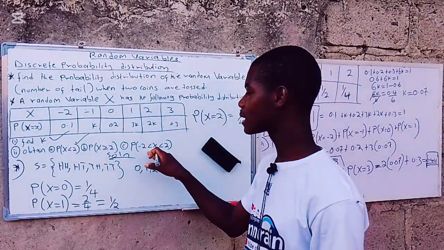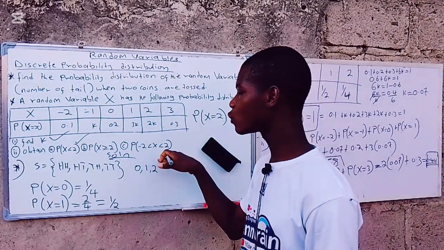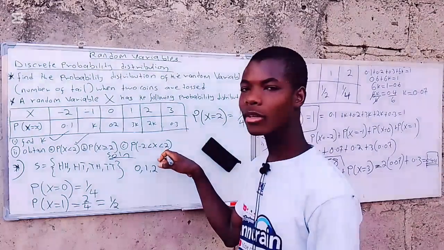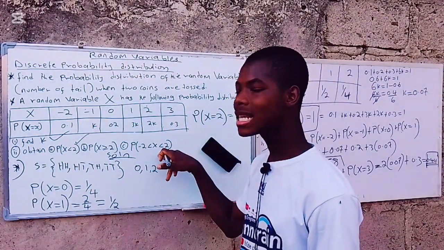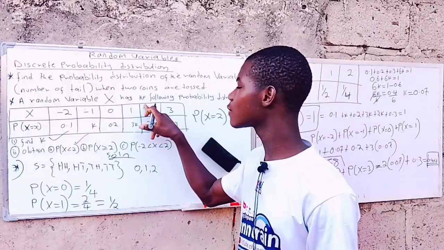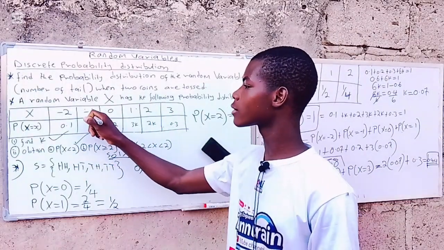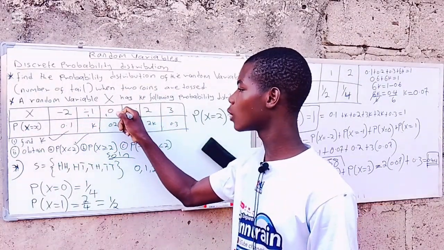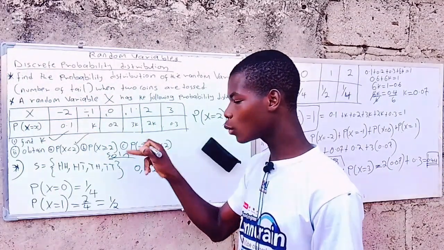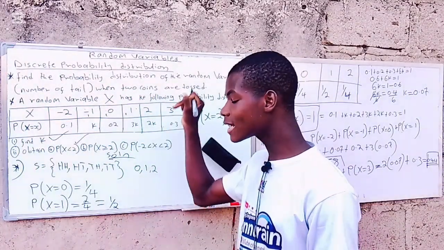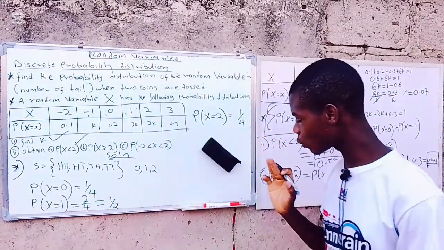After then it says x is less than 2. So less than +2, which is 1. So I have to start from -1, 0, and 1.